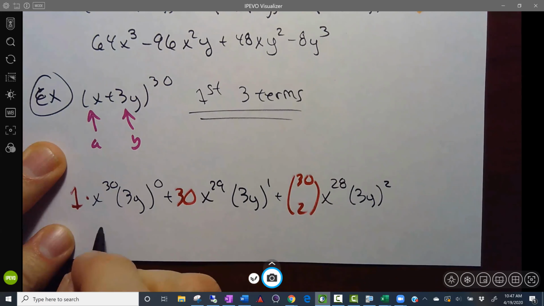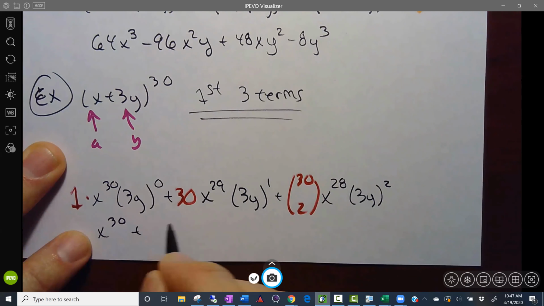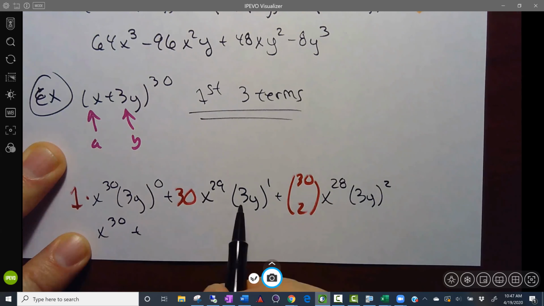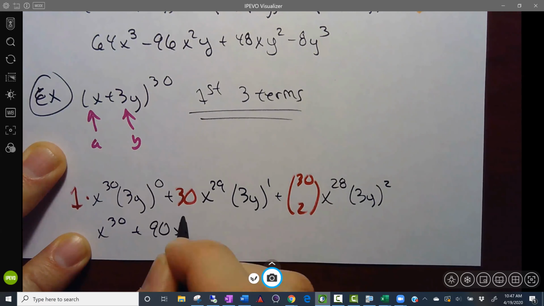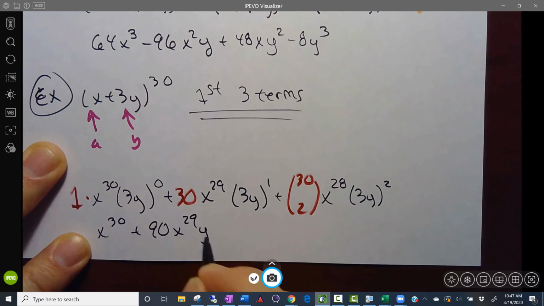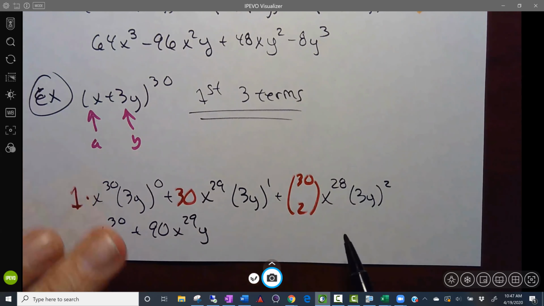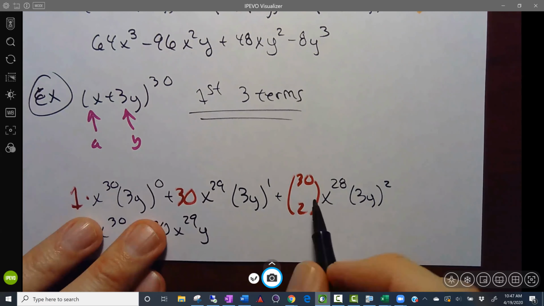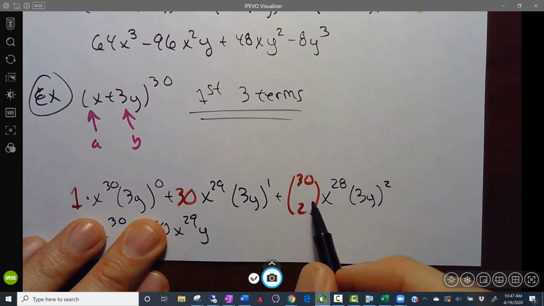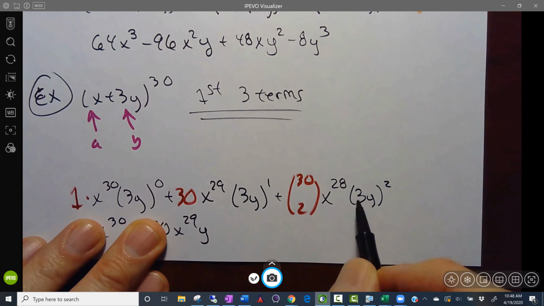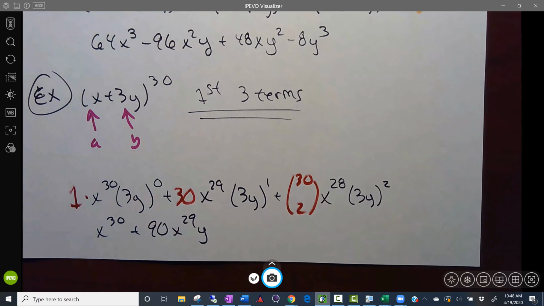So this is going to be x to the 30th plus 30 times 3 is 90, x to the 29th, y to the first power, and then this was 435 times what? What do I get when I square this out? If you said 9, that's great.